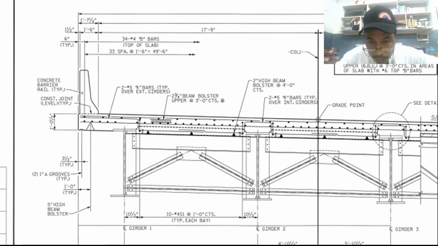Okay, next is 2 inches. So we have 2 and 3/4 beam bolster here. But now we have 2 inches high beam bolster. So again, beam bolster here.